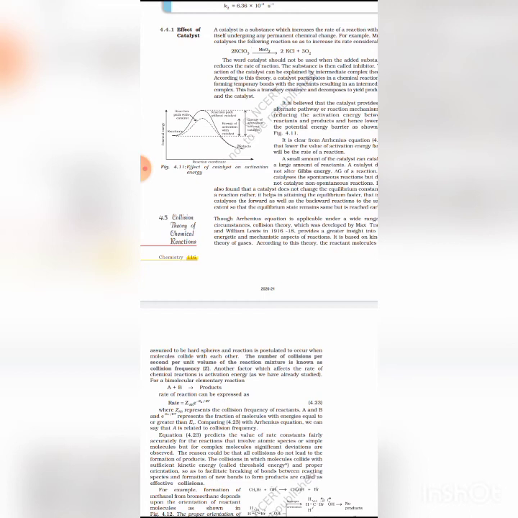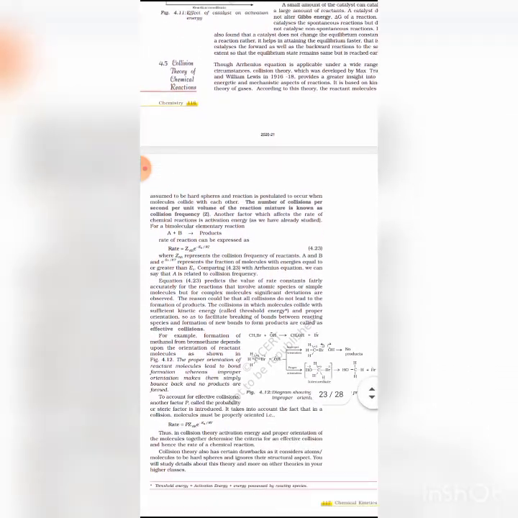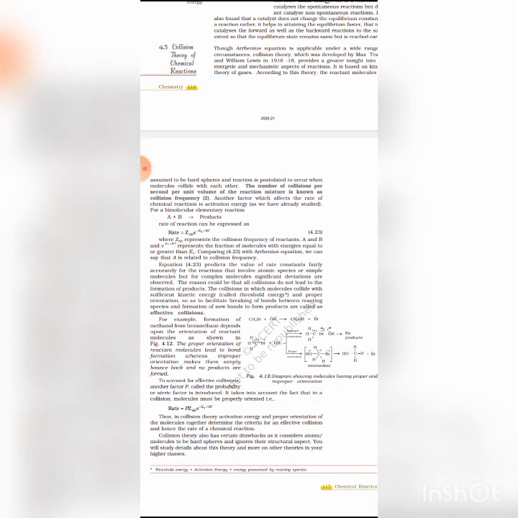So what are the characteristics of a catalyst? A catalyst can only catalyze a spontaneous reaction but not a non-spontaneous reaction. It doesn't change the equilibrium constant but only helps in attaining equilibrium faster.